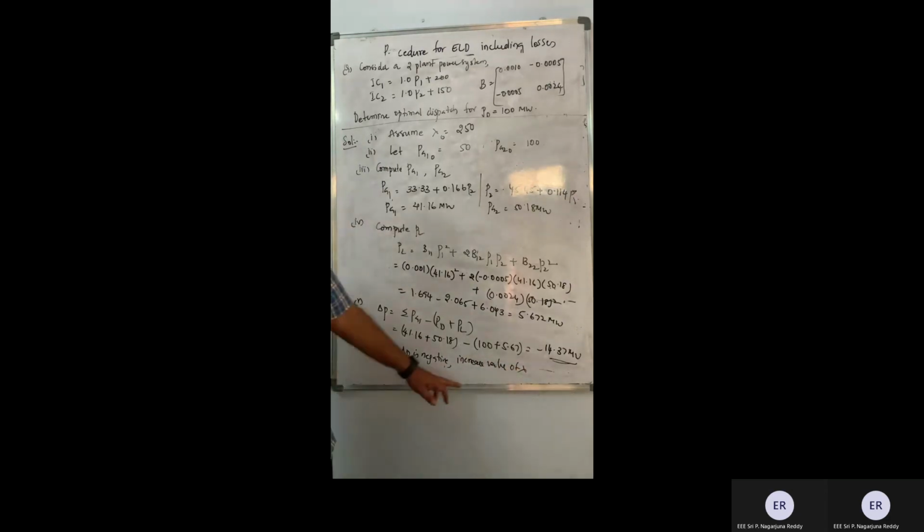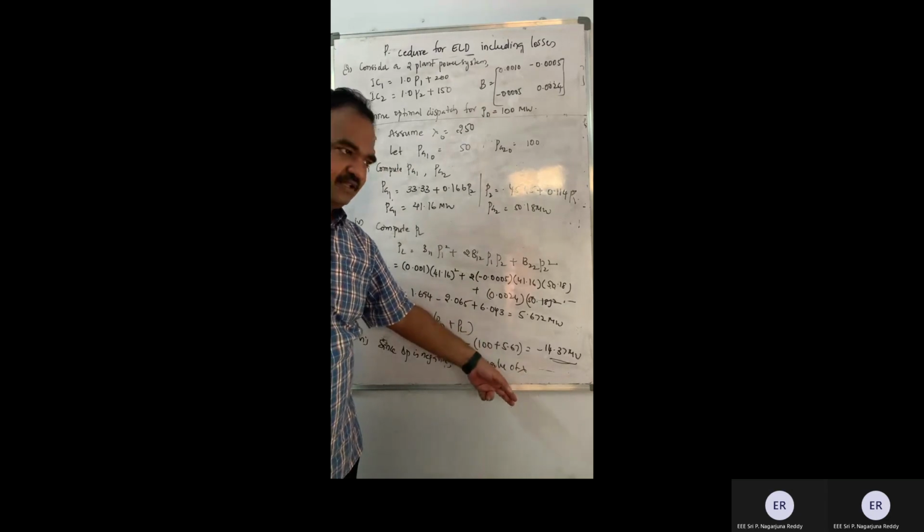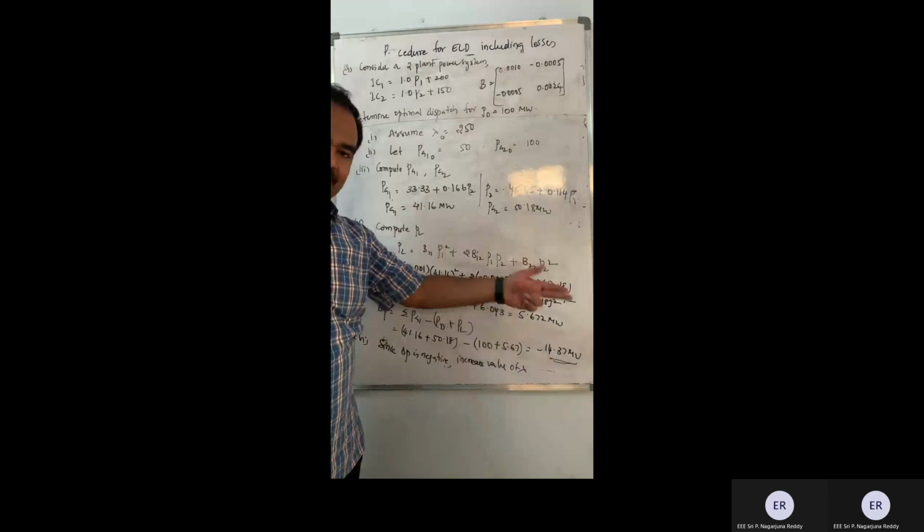So now what I'll be doing, lambda was already what I have taken is 250. Since I have taken it as 250, I'll be changing my value of lambda. I'll increase it now. Let lambda be equal to 260. Or if you want, you can go with 300 or 350, it will be your choice.